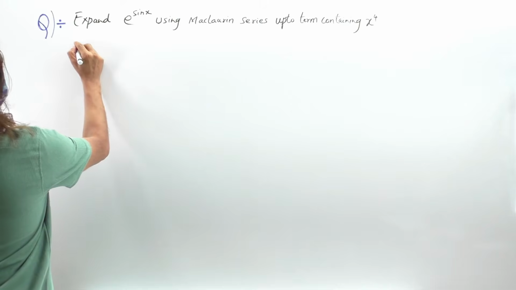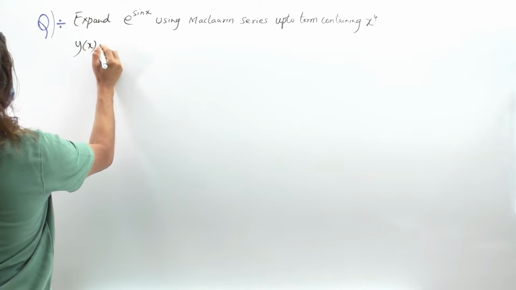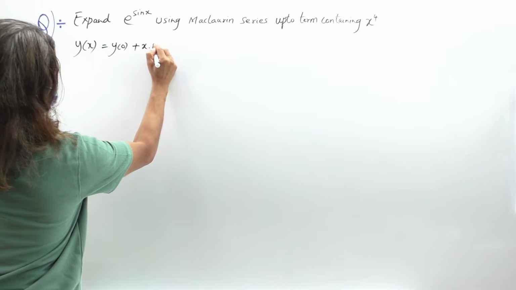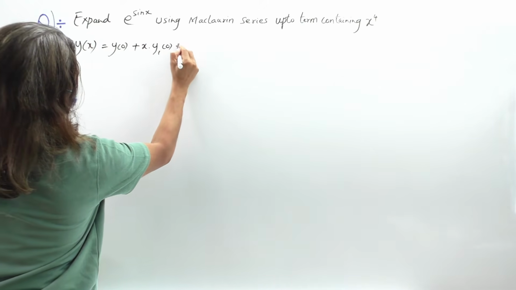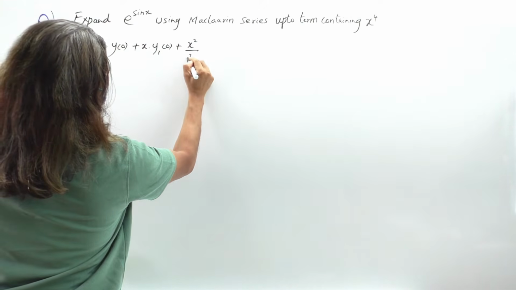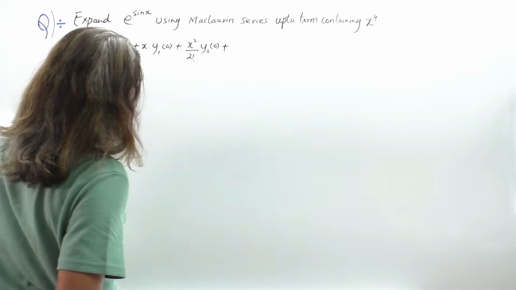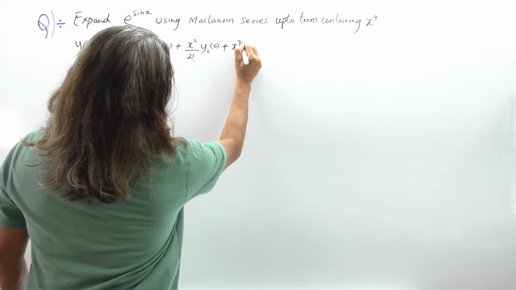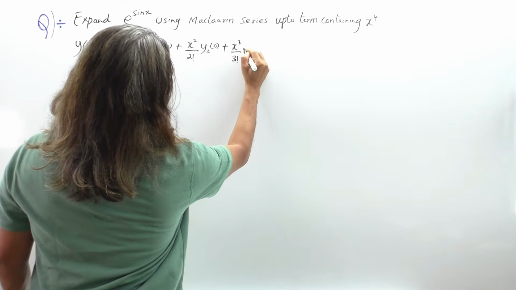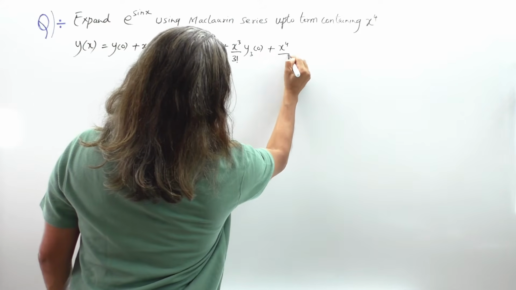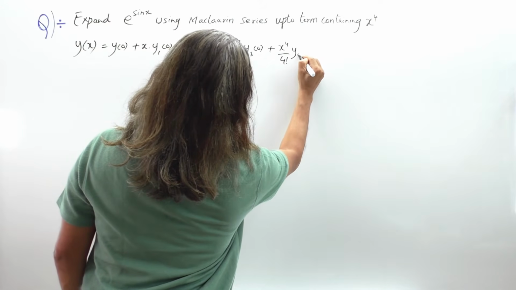So we have the series as y of x is equal to y of 0 plus x into y1 of 0 plus x square by 2 factorial into y2 of 0 plus x cube by 3 factorial y3 of 0 plus x to 4 by 4 factorial y4 of 0.